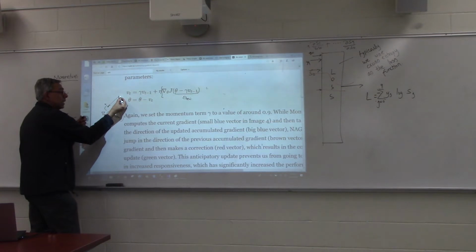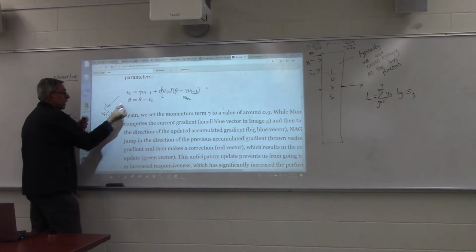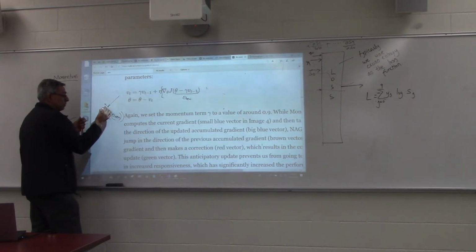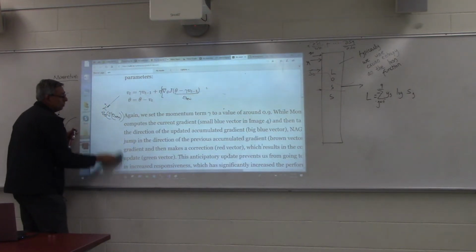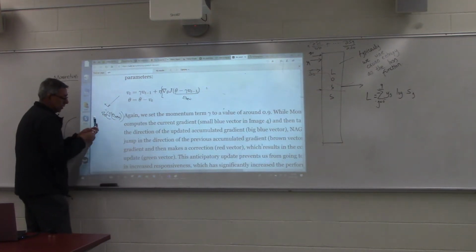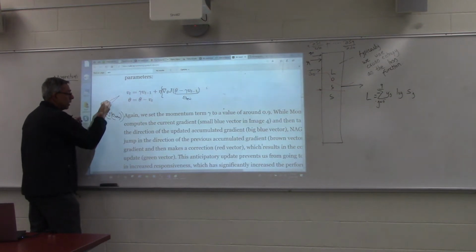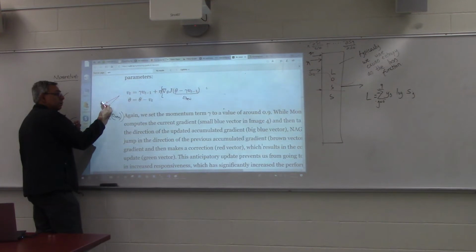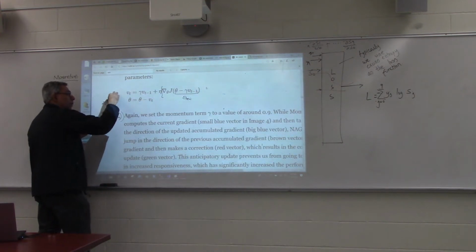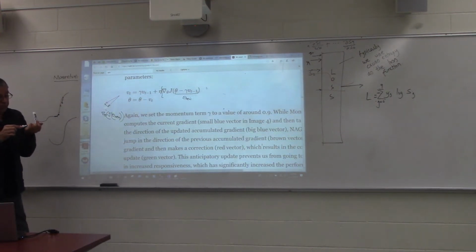So rather than updating our theta, previously we'd have simply gone somewhere over here. Now what we will do is we'll go over here, because we know the future gradient is moving in this direction, so why not also move in that direction?